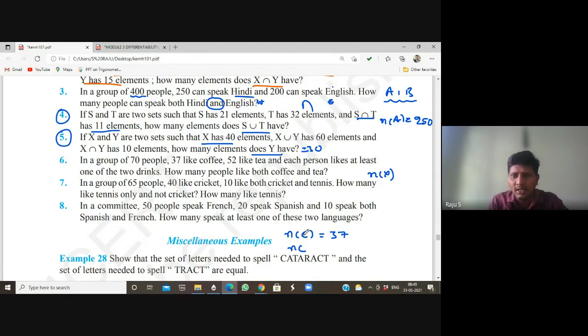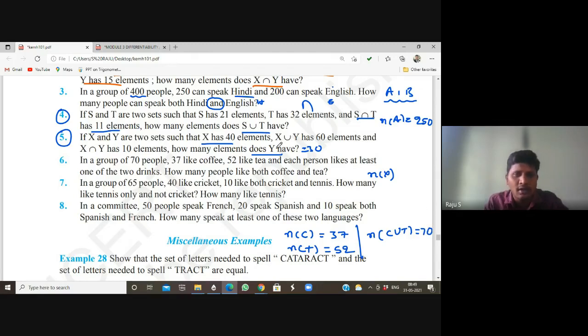Like tea. Tea means I'm taking capital T as the set of all the people who like tea. This is given as 52. A group of how many people? Coffee union tea is equal to 70.